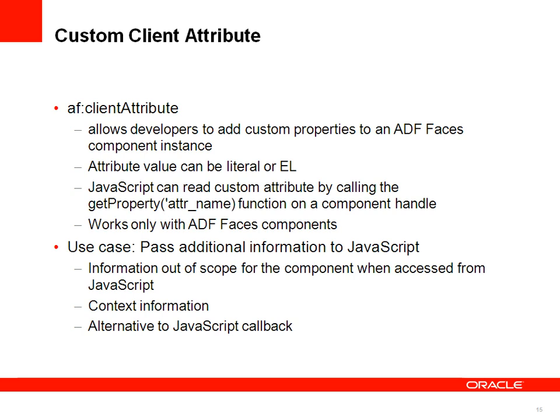So making my search easier by providing the client ID as a client attribute on the table object, though the client ID wouldn't be the ID of a table. It would be the ID of another component I need to access just to get my work done on the table event. This is what I can use client attribute for. Another option to use is a JavaScript callback.